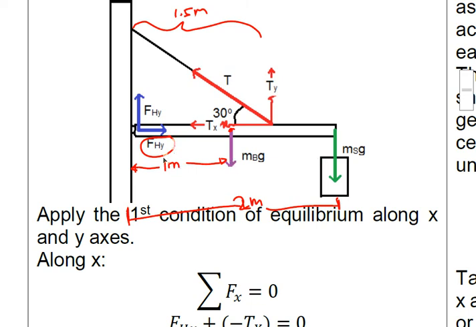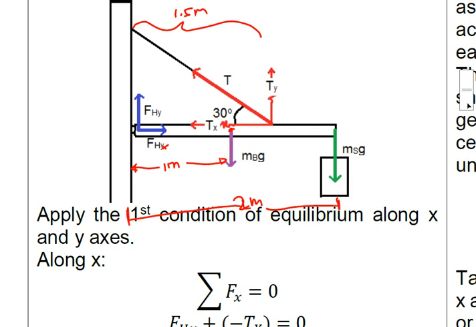So I made an error here. This should have been FHx, and then the Tx. These are the forces along x. Then along y, we have the FHy, the weight of the beam, and the weight of the signboard. I note the mass of the signboard as MS, and the beam as MB.